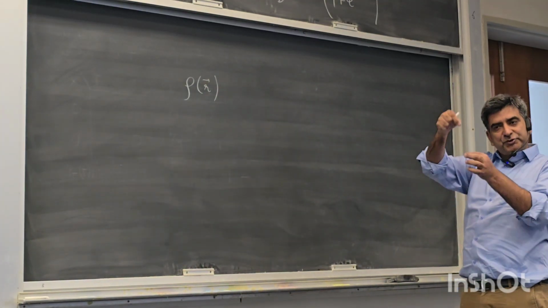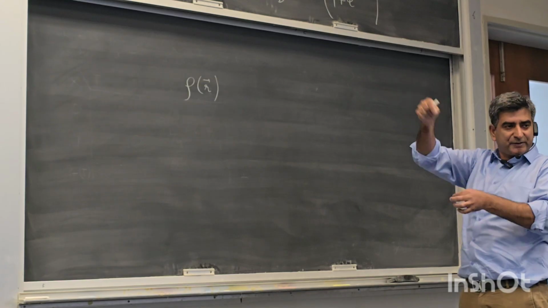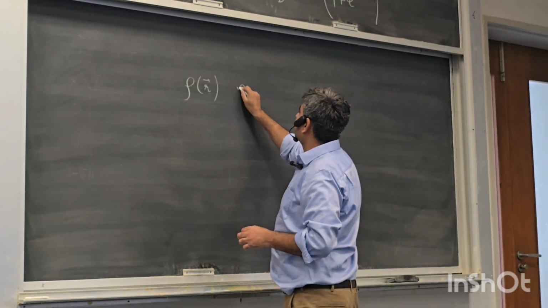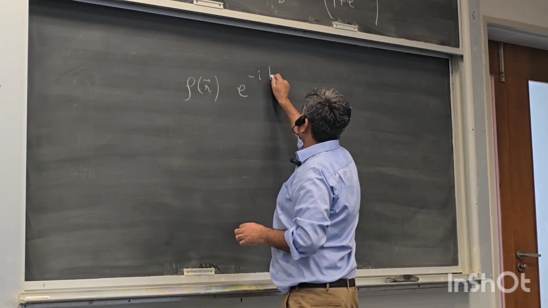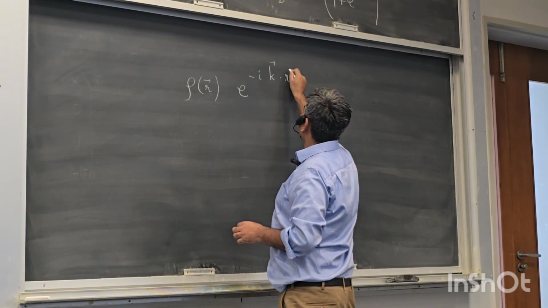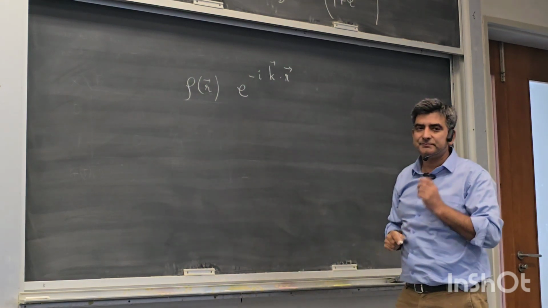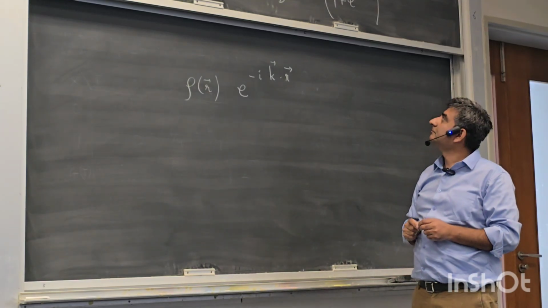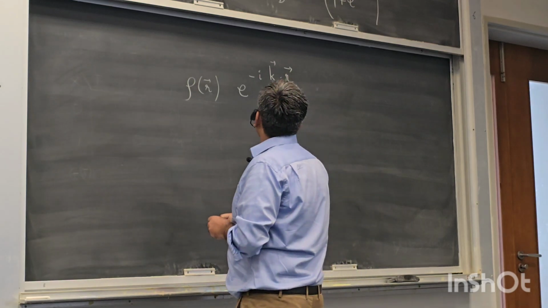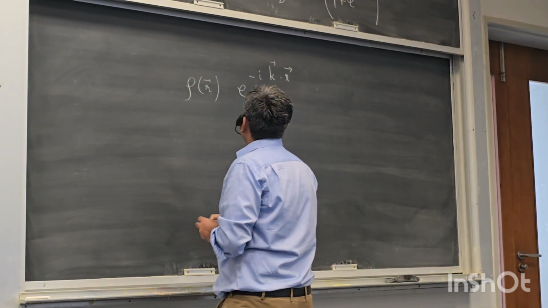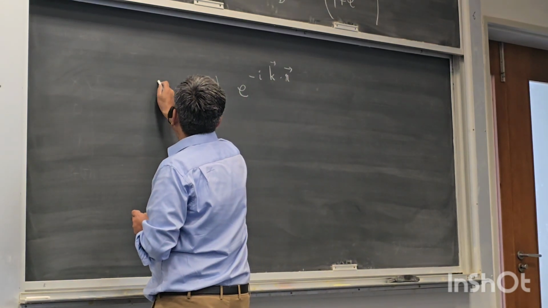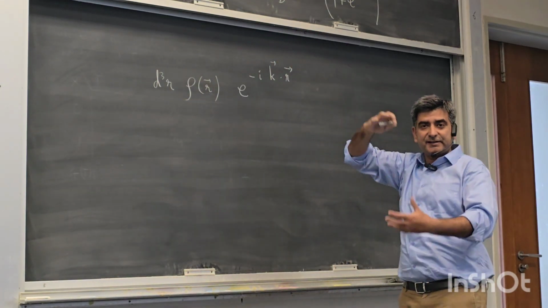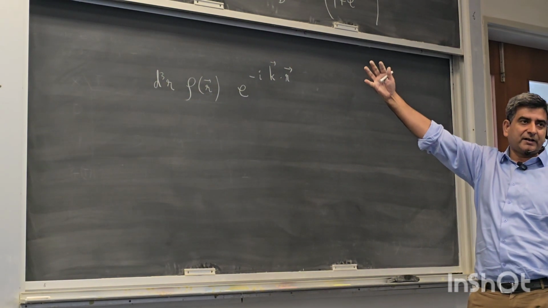An electron at position r with respect to some origin, which could be the nucleus of the atom, will give rise to a phase e^{-iK·r}. Correct? And then you would like to integrate this to find the overall scattered amplitude at a distance, for a detector which is far away from the atom.